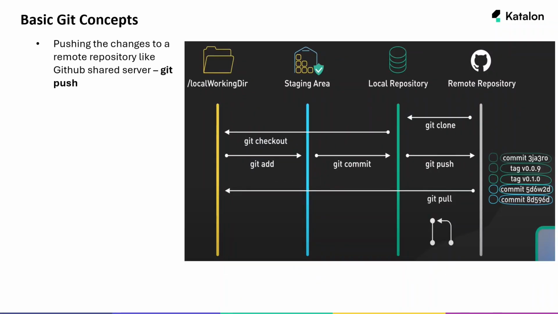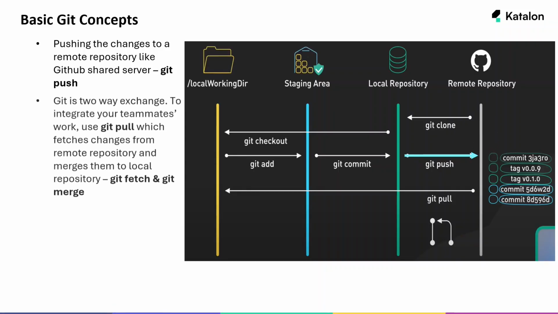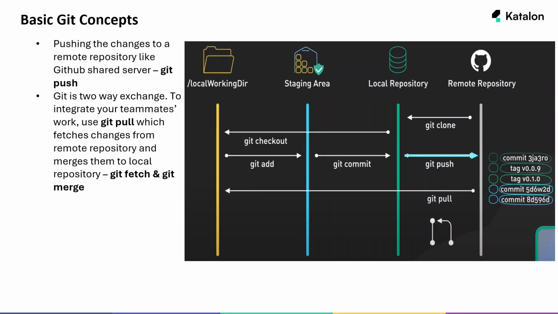And then you need to push the changes to a remote repository like GitHub or a shared server. So here I'm pushing all those changes to your remote repository by using the git push command. Git is a two-way exchange. To integrate your teammates' work, use git pull, which fetches changes from the remote repository and merges them to the local repository.